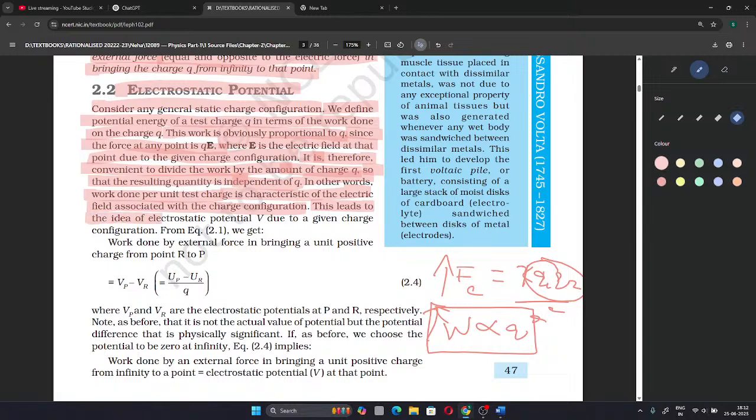This leads to the idea of electrostatic potential V due to a given charge.